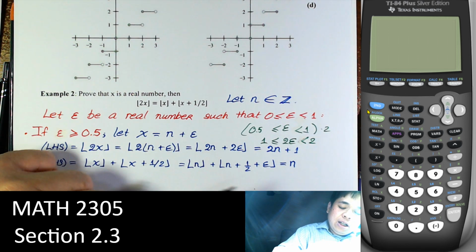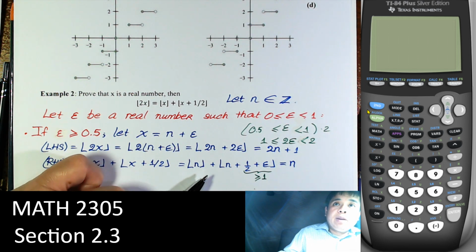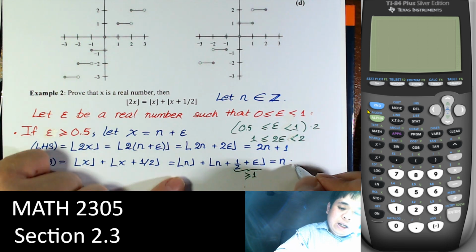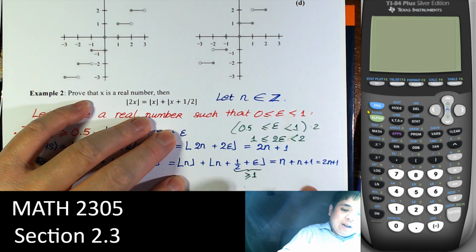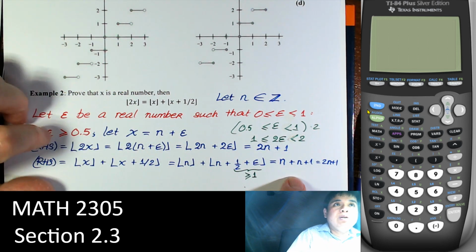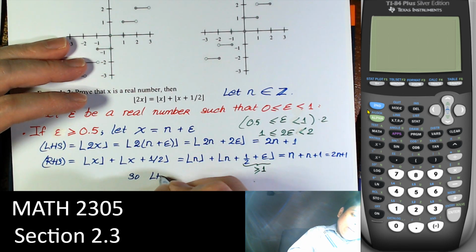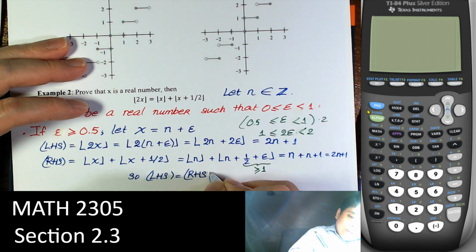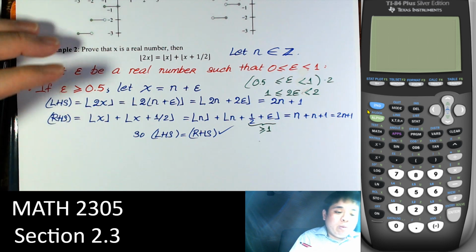But this 1/2 plus epsilon is going to be bigger than 1. It cannot be 2, so that's going to be n plus 1. N plus 1 is 2n plus 1. Now the left side and the right side are equal, so it's good. Yeah, let's check. So that is where epsilon is greater than 0.5.